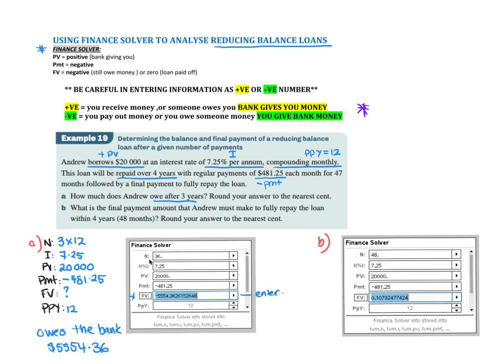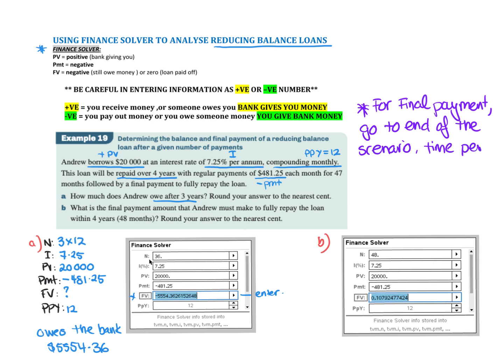We're going to write a little statement. This is the way I want you to find the final payment. There's a couple of different ways, but this is the best, I would say. So for the final payment, always go to the end of the scenario's time period.